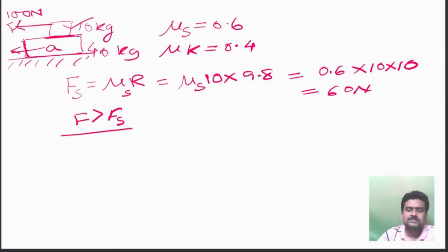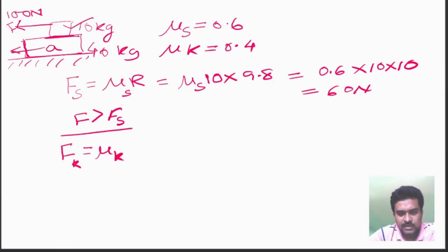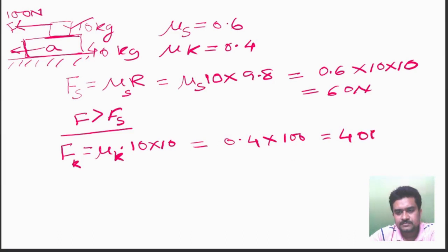Now, once it has moved, then kinetic friction comes into play. Now, what will be the kinetic friction? The kinetic friction is simply Fk is mu k into R. R is again 10 into 10 say, and mu k is 0.4. So 0.4 into 100, that means 40 Newton. Okay.